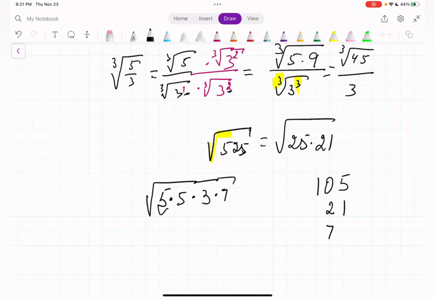So out of this, 5 comes out, and underneath, 3 times 7, which is 21.